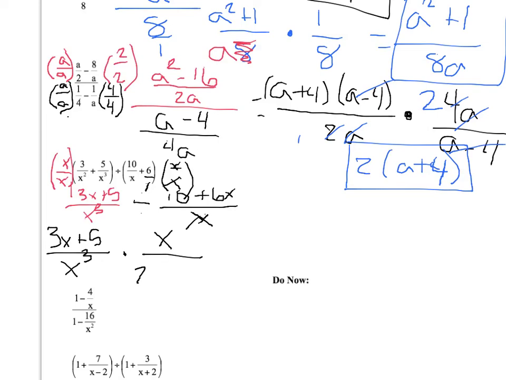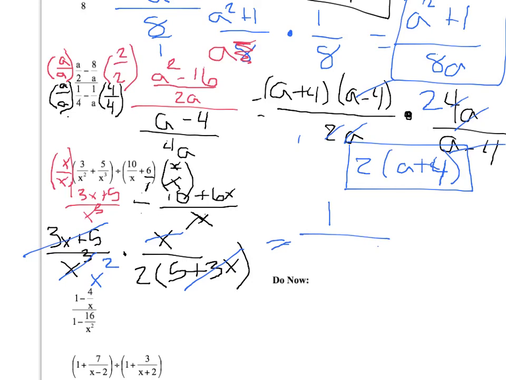GCF is a 2. And when I take the 2 out, I'm left with a 5 plus 3x. You hopefully should notice that 5 plus 3x is the same as 3x plus 5. You have 1x in the numerator, can cross off with one of the x's in the denominator. In the numerator, you crossed everything off. You cannot call it a 0, but you can call it a 1. X squared and a 2 is left in the denominator, so that's 2x squared. And that's your final answer there.